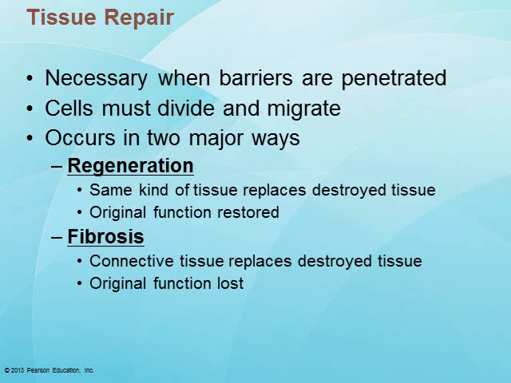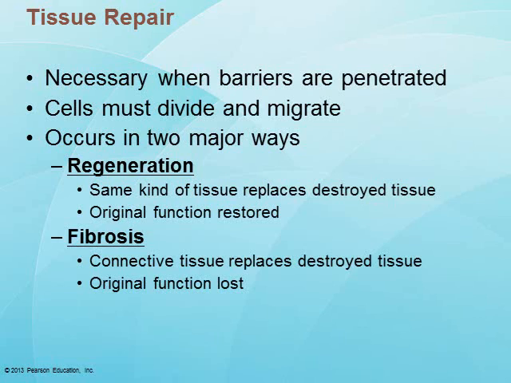If the tissue is able to regenerate, for example your epidermal layer, the same kind of tissue will replace the damaged one, and the damaged one will be cleaned up. So what you get is a new piece of tissue, like a new epidermal layer, new skin, and the original function is restored. However, sometimes if the damage is too large or too deep, your body cannot fix it on its own, and the tissue is replaced by fiber.